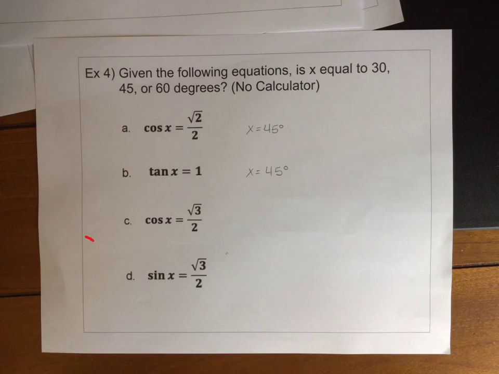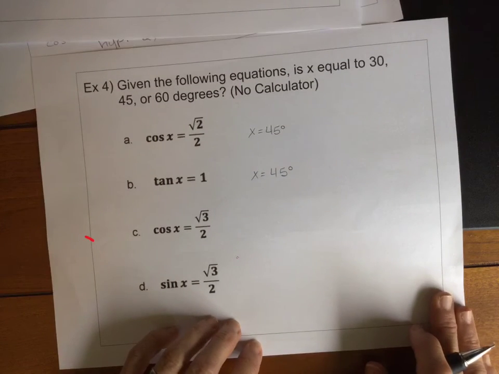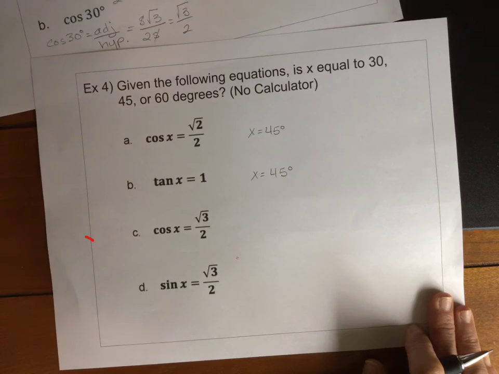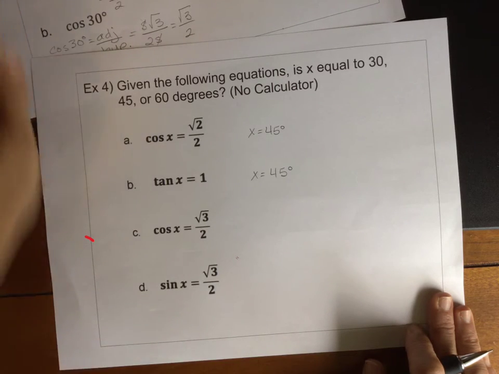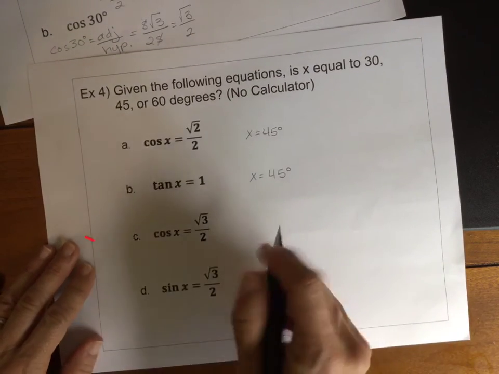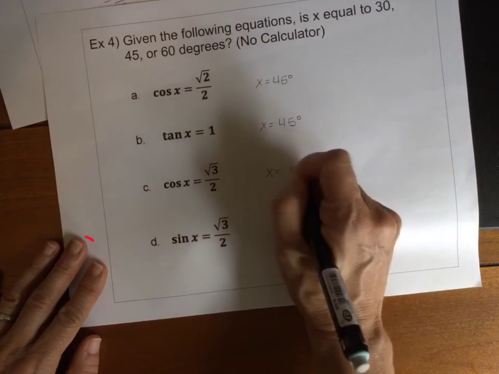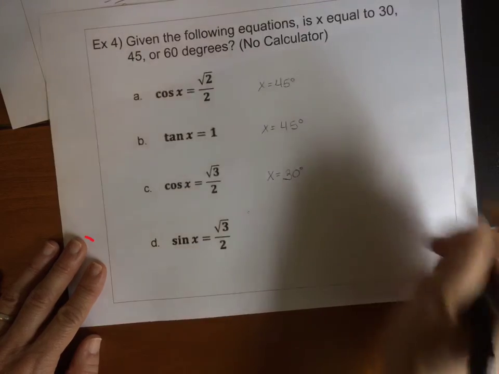So I just found on that first page that we did that cosine of 30 degrees was root 3 over 2. So I'm going to say this is 30 degrees.